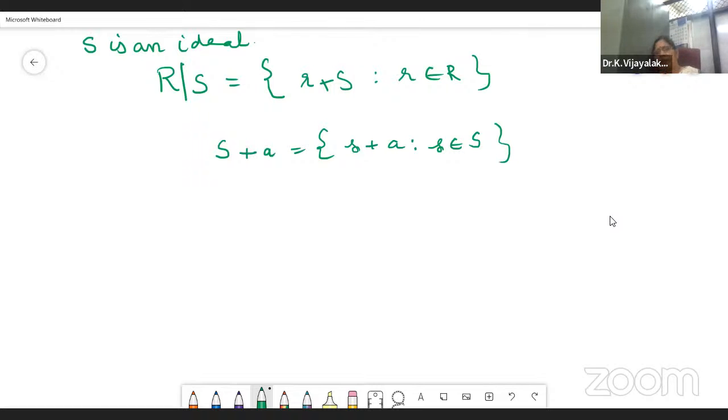Generally, with respect to addition, the ring is commutative. That is the reason we simply call it a coset.